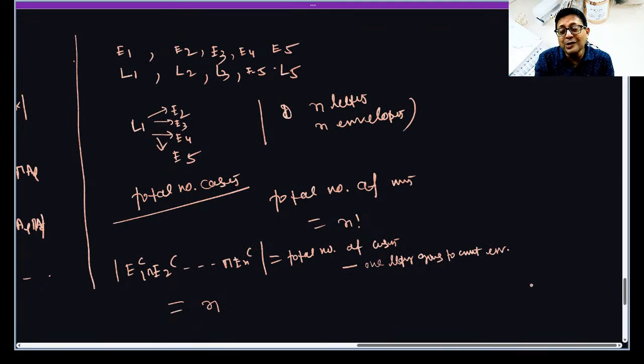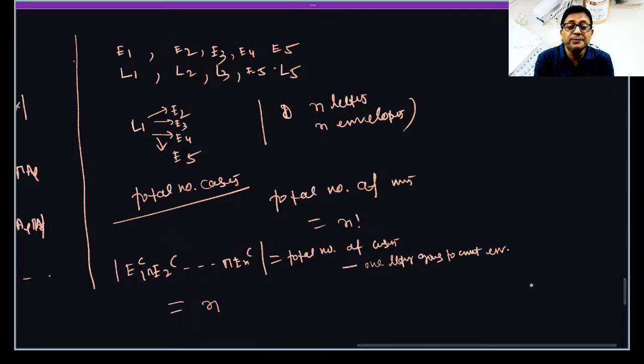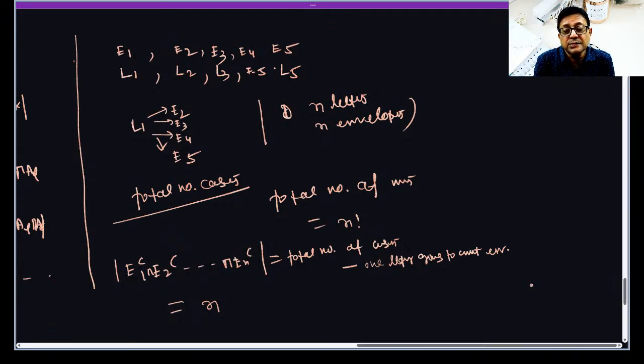There may be cases where two letters have gone to the right envelope, that you have to subtract from here. That's why minus two letters go to the correct envelope.